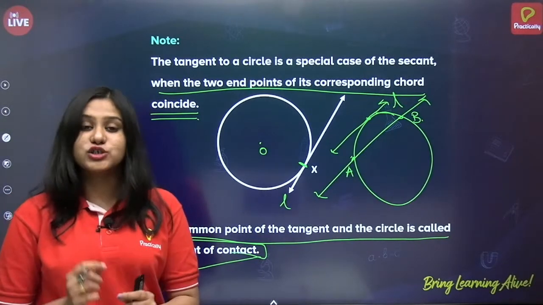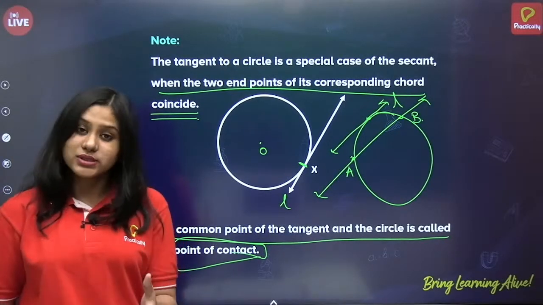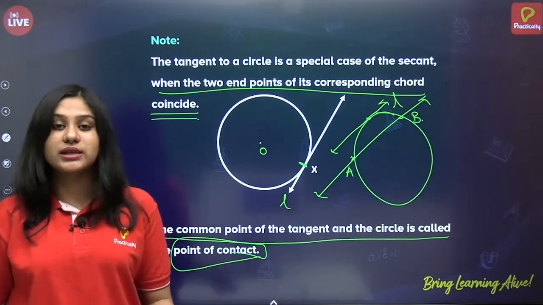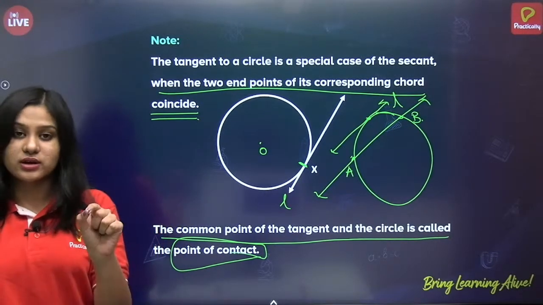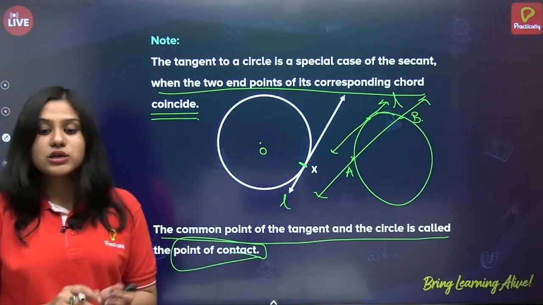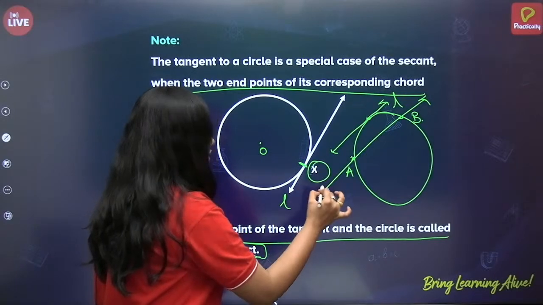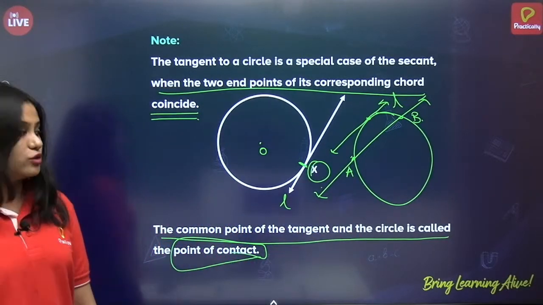Very good. A tangent has only one point of contact, and also we have seen a note in the previous slide that at one point of the circle we can only draw one tangent, correct? So yes, a tangent has only one point of contact. Here it is X.